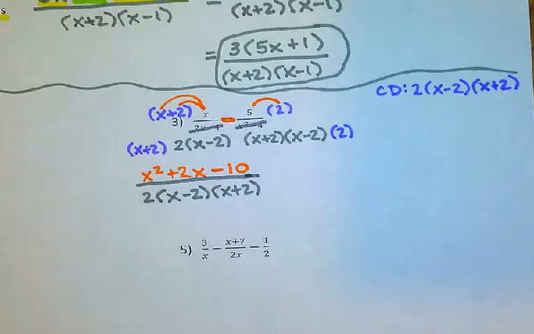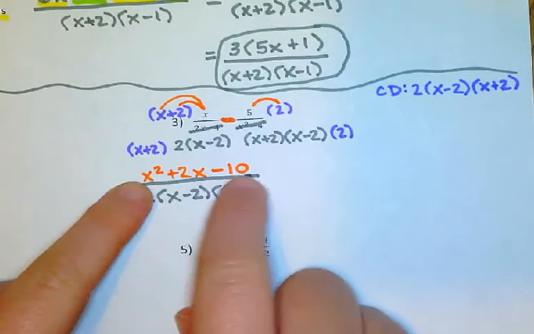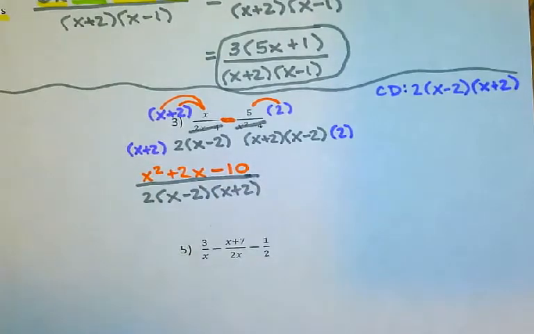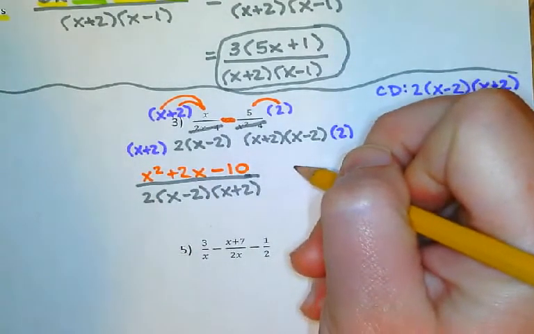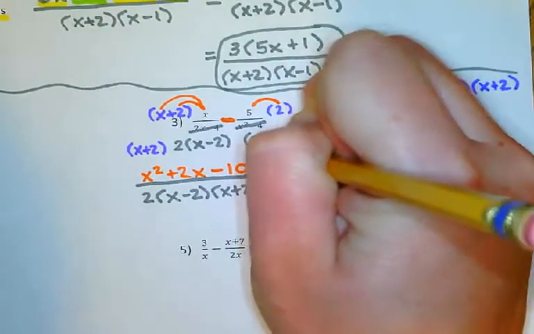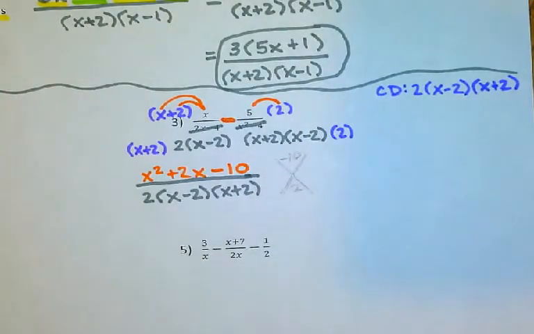So we would write our answer in simplified form, if we can simplify. So what I'm going to do is this numerator here, we're going to big X this to see if it can factor. Alright, so we're going to see if we can factor by putting negative 10 up top, and then b, so 2 goes on the bottom. Is there anything that multiplies to negative 10 and adds to 2?